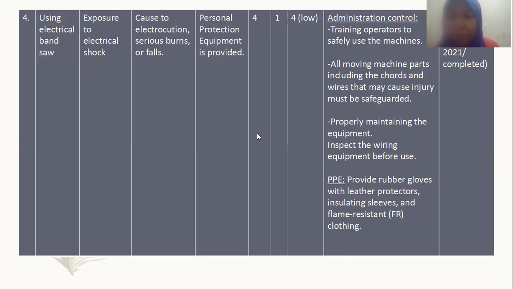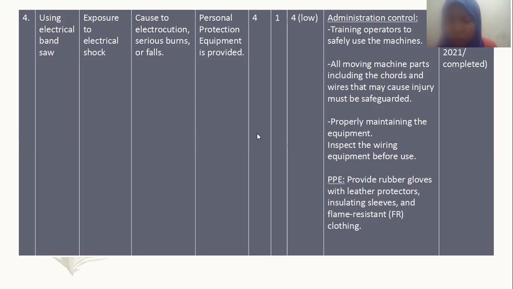The recommended control measure that I propose is administration control: training operators to use the machine safely, all moving machine parts, including the cords and wires that may cause injury, must be safeguarded, properly maintaining the equipment, and inspecting the wiring equipment before use.